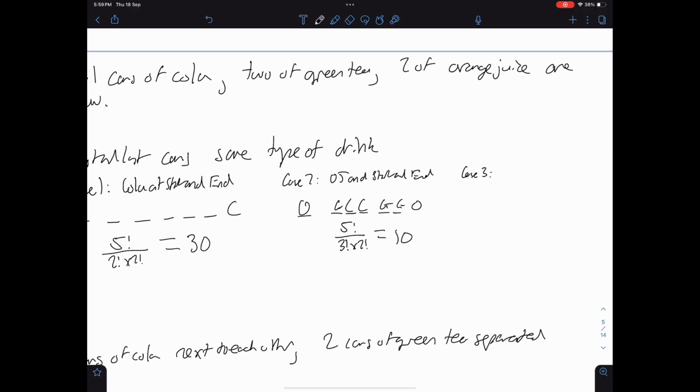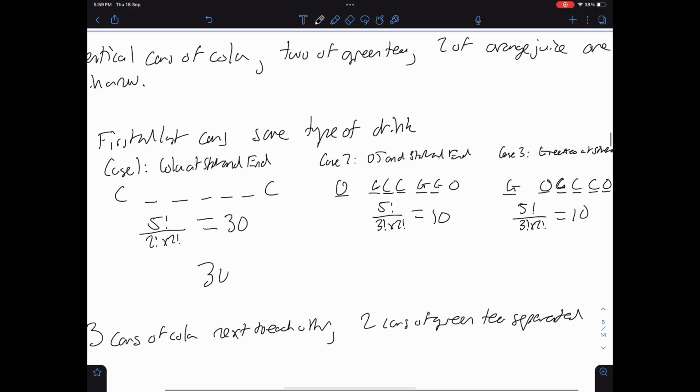And then if we do case 3, green teas at start and end, you may have recognised that you actually don't need to do a separate case for this, because it will be the same calculation as the orange juices being at the start and the end, but I mean it's just good to be thorough. And then you would add them together.